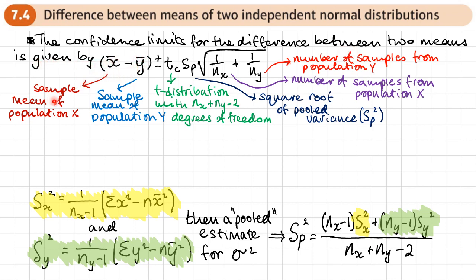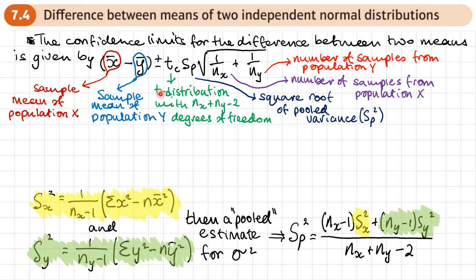So it's the sample mean of population X, so that's how we get this value here. Then the sample mean of population Y, so that's where we get this value. Then it's plus or minus, so adding will give us the upper confidence limit and subtracting will give us the lower confidence limit, using t sub c.